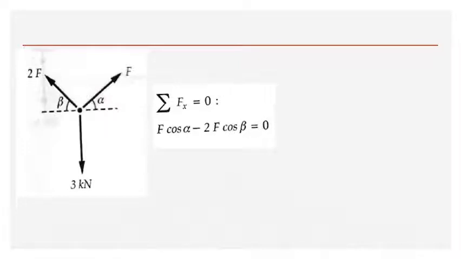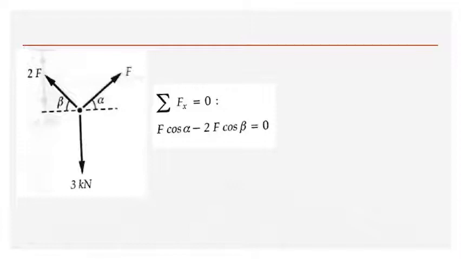Apply the condition sigma Fx is equal to 0. What are the horizontal forces or the x components? The 3 kilonewton does not have any x component because it is acting vertically. Hence, the x component of the force F is F cos alpha.